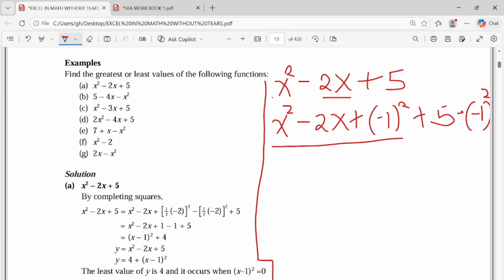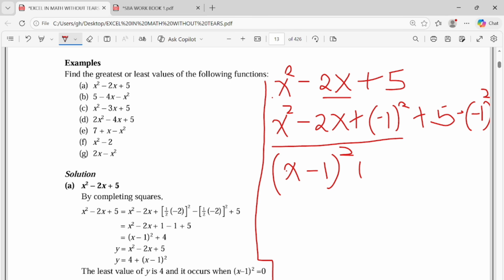Which part of the question has this square and this square? You try to generate a single bracket that has x, and this negative 1 initially had a square, but we first discard the square, and then generate a single bracket that has a single square. If you try to expand this again, you come up with all of this with the square included.